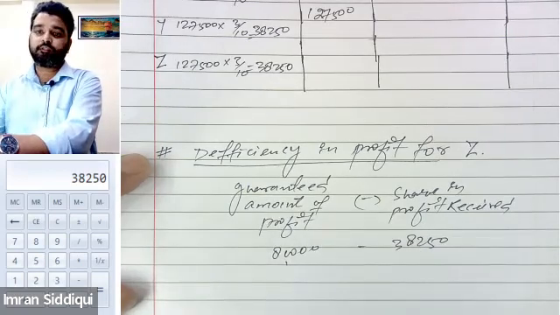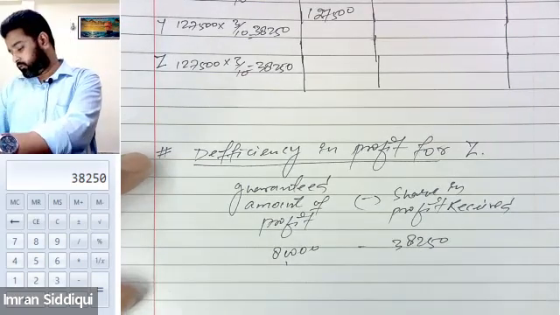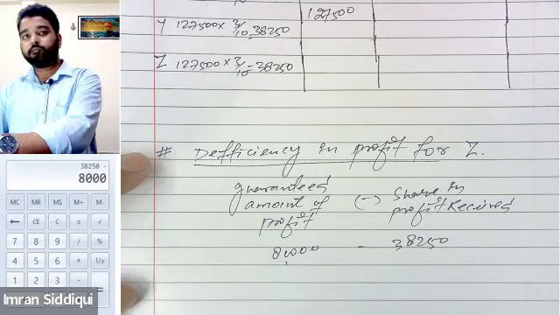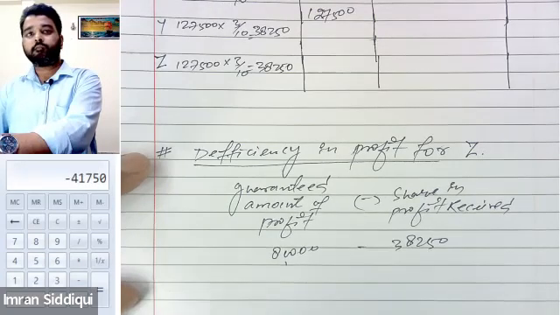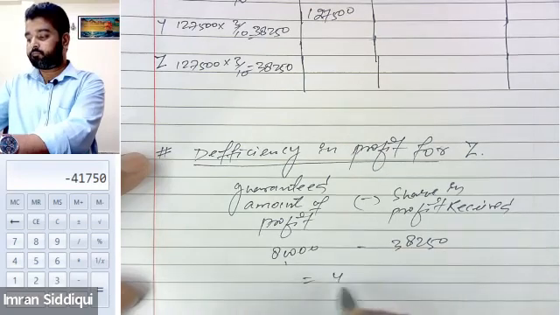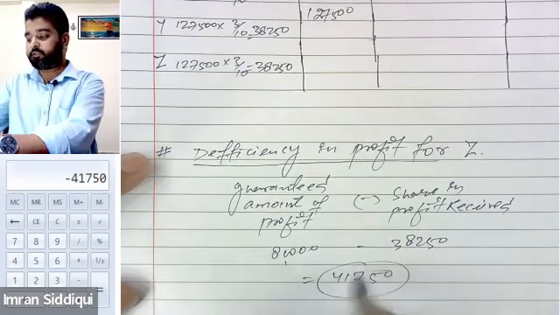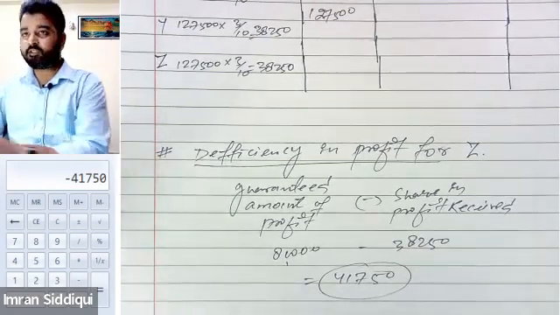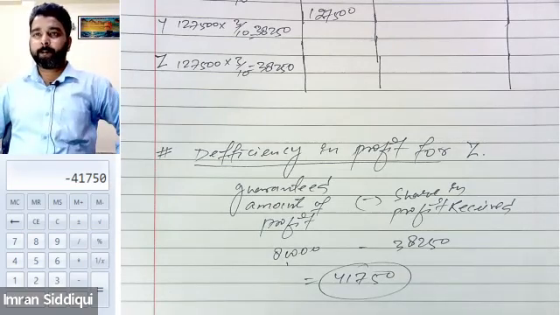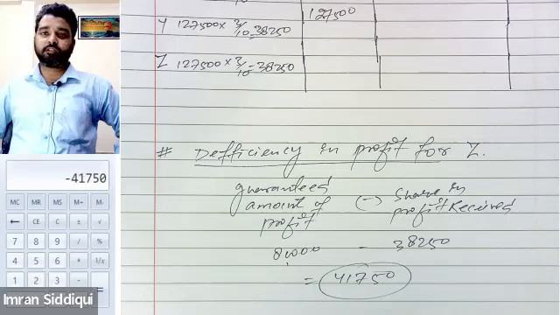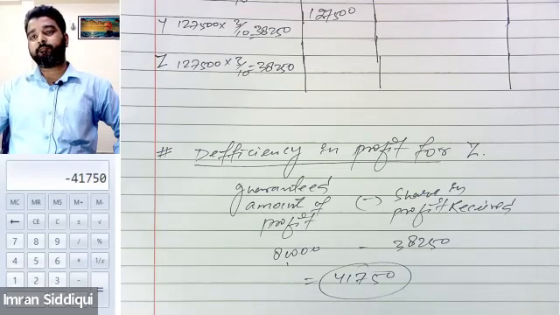So there is obviously a deficiency of 41,750. This is the deficiency. Is that correct, everyone? Yes, sir. Are you sure? Is the calculation clear, everyone? And are you sure this calculation is correct? Tell me.